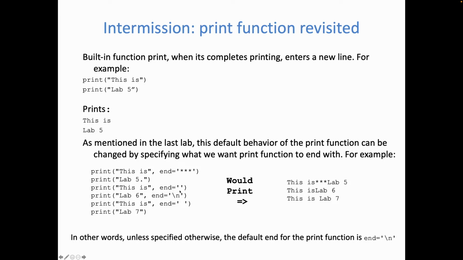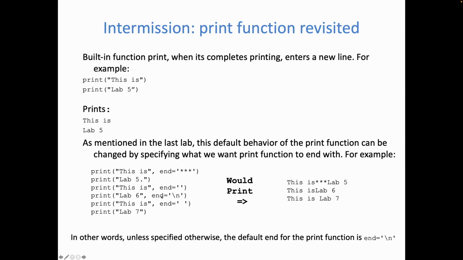Then it will end with no space. End in the same line, but with no space. Here we can see that it will print this, and after this is Lab6. We can see that there is no space between this and Lab.